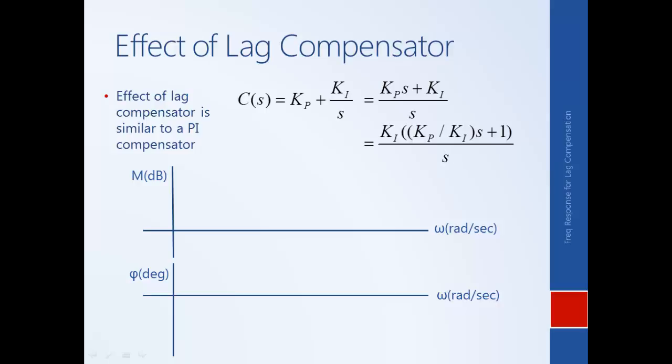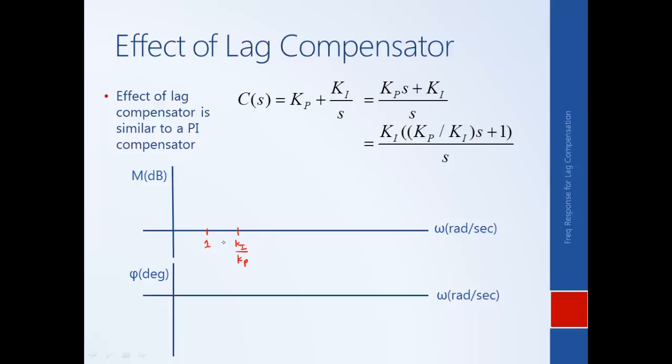So looking at the magnitude plot, we'll see that the 0 has a break frequency at 1 over T, where this is T. So it has a break frequency at Ki over Kp. I'll go ahead and make the assumption that this break frequency occurs above 1 radian per second, but that's not really necessary.